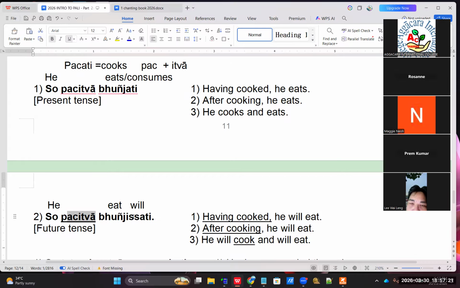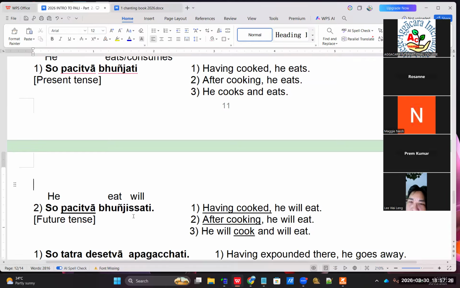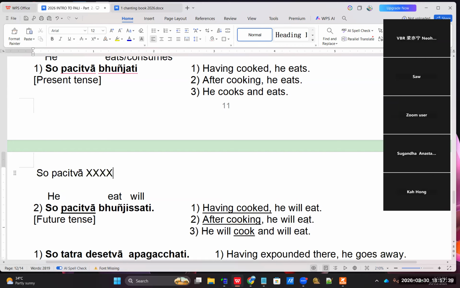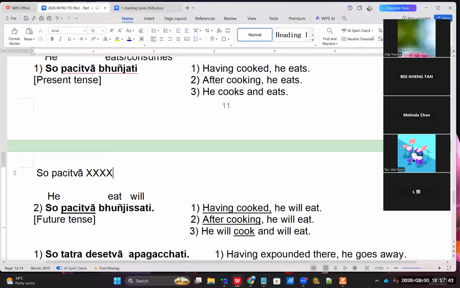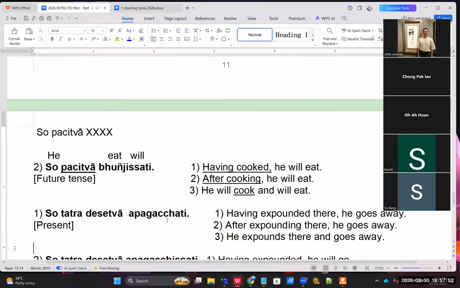It depends. This means that if we write like this, pachitua alone is wrong because it cannot stand by itself. Do you understand? It must have something, either present tense or future tense. All right.